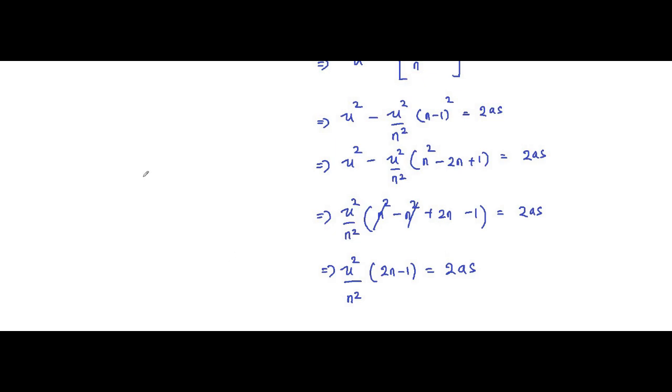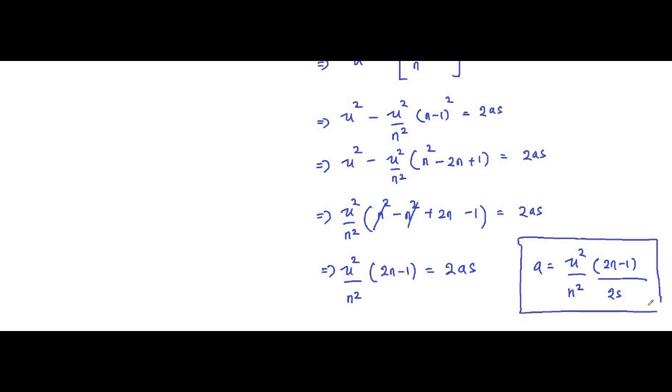So now the acceleration is equal to u square by n square into 2n minus 1 by 2s. This is the retardation, negative acceleration or deceleration which is produced.